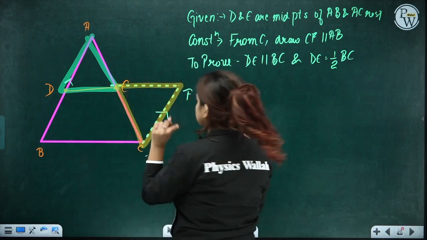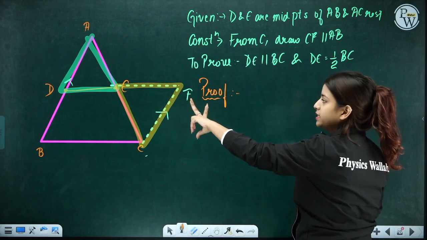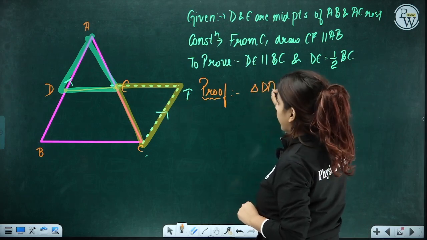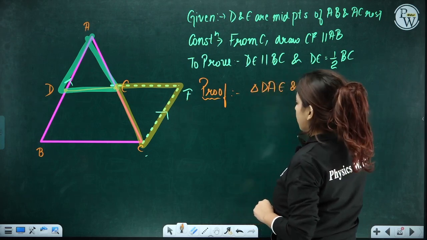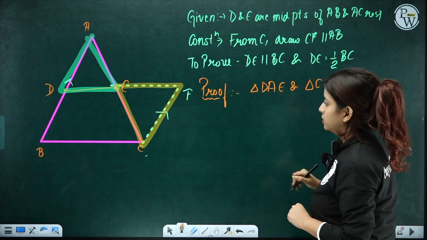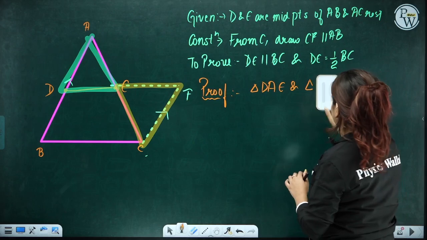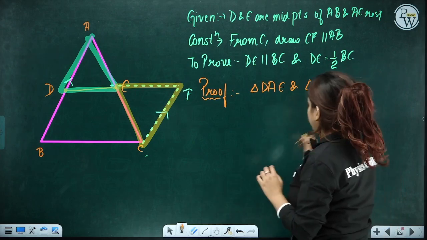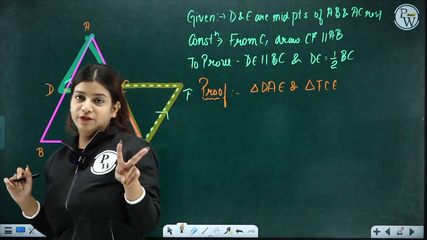Right? So, firstly, what I have told you guys, take these two triangles, that is triangle DAE and triangle FCE, sorry. So, these are the two triangles that we have taken.